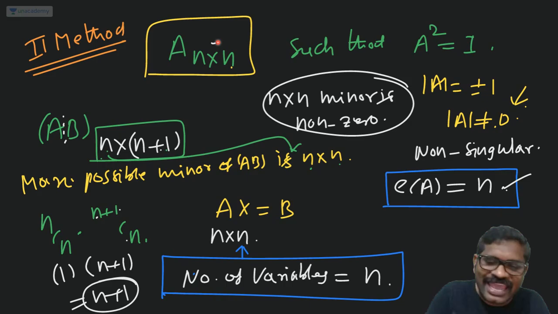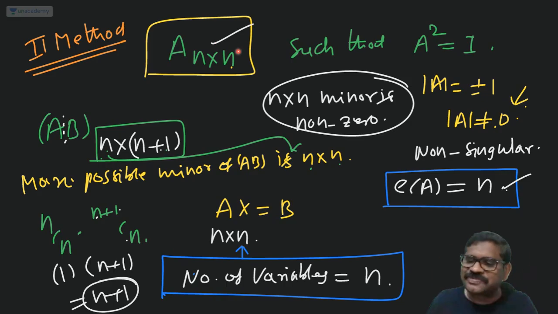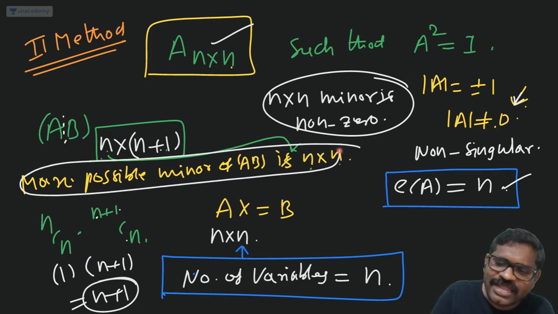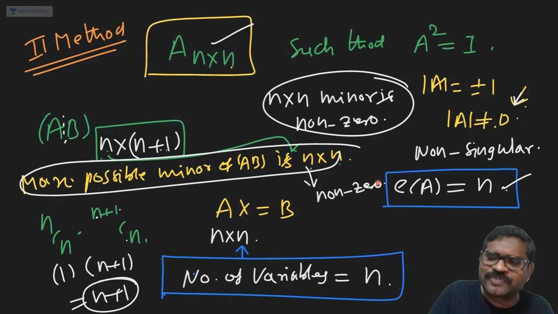So in those n plus 1 n cross n minors, is this minor available or not? I mean A is available, right? Already that determinant of A is non-zero. Therefore, whatever minor is available in AB, that minor is also non-zero.